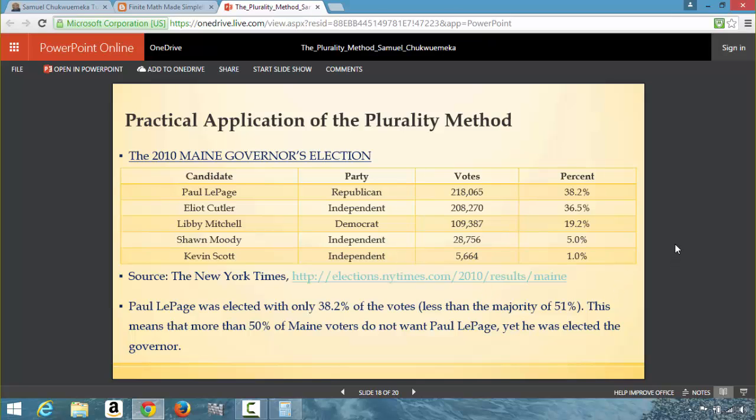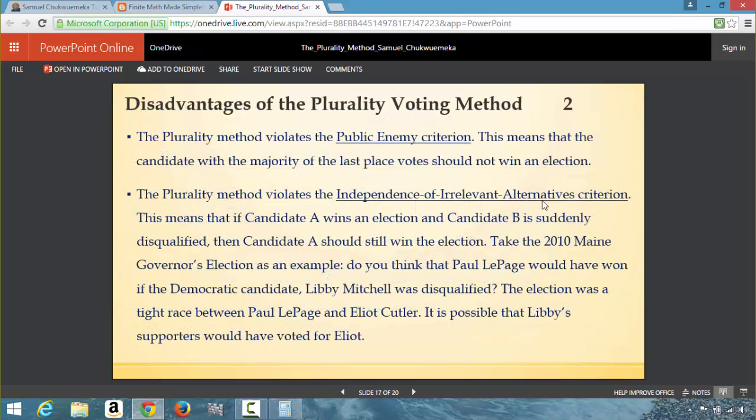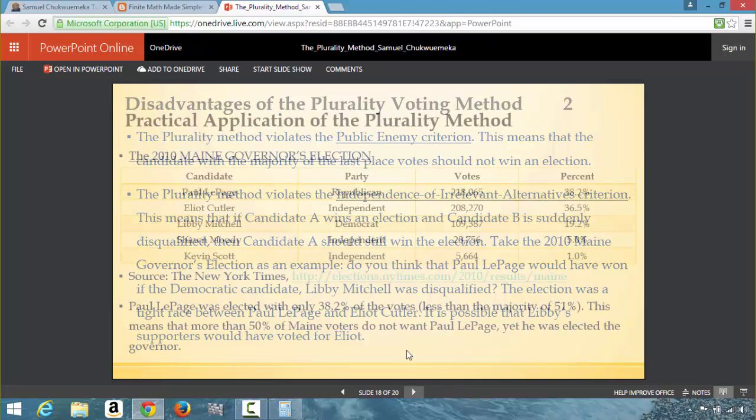If you are going to win, you have to win regardless of who is disqualified or eliminated or whoever drops out. Now, when we talk about the independence of irrelevant alternatives, if one of the candidates is disqualified, it should not affect the chances of the winning candidate. That is what we mean. We shall discuss that more when we do fairness criteria.